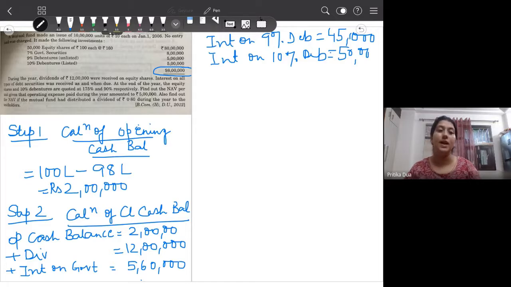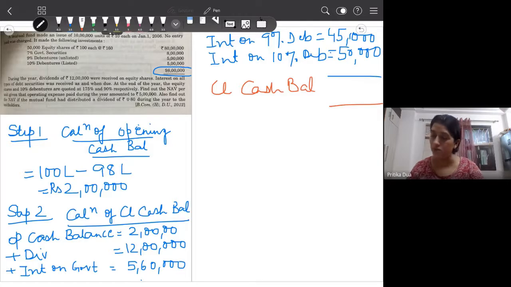So this is the cash stream during the year. This will give you the closing cash balance. See how much it is coming to?